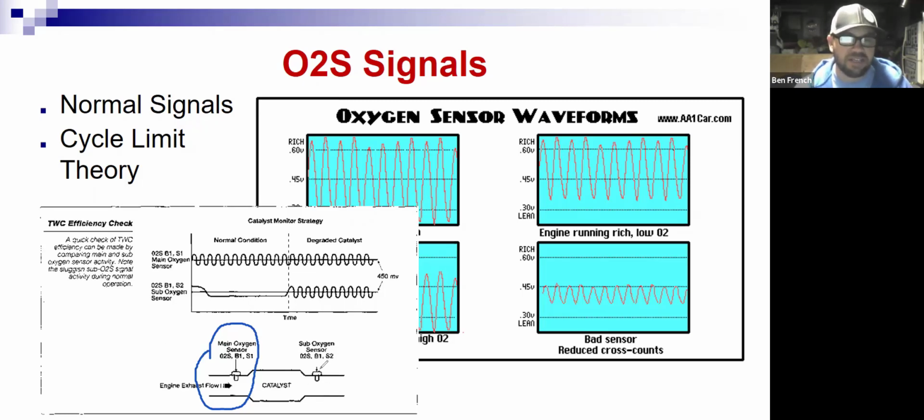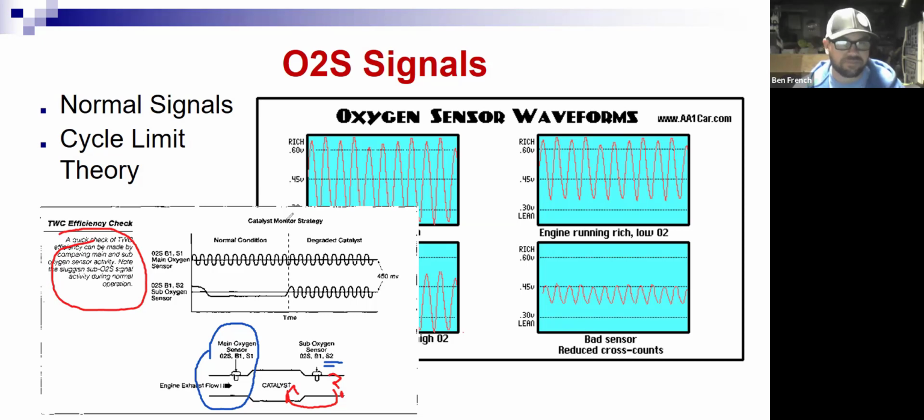The sub-oxygen sensor, the sensor 2, he's there to monitor the cat. He's there to know, hey, what's that catalytic converter doing? Now, they might do a little bit of trim and stuff on them, but primarily the O2 sensors behind the catalytic converter, they are there to check the operation of the catalytic converter.